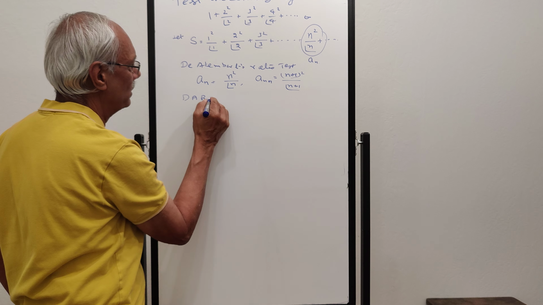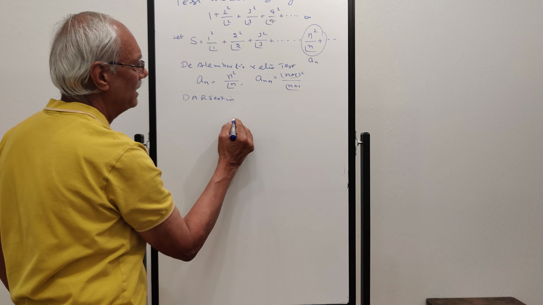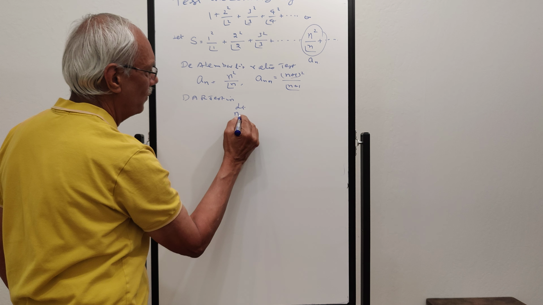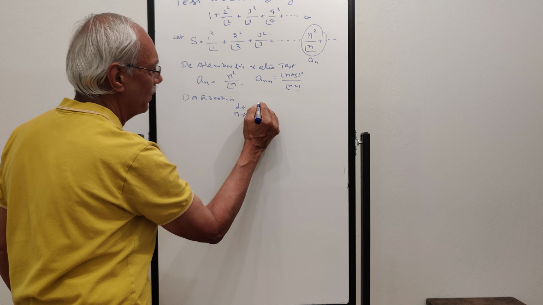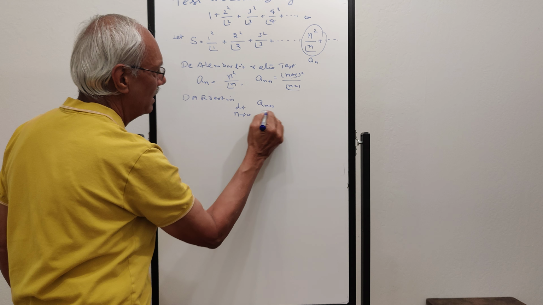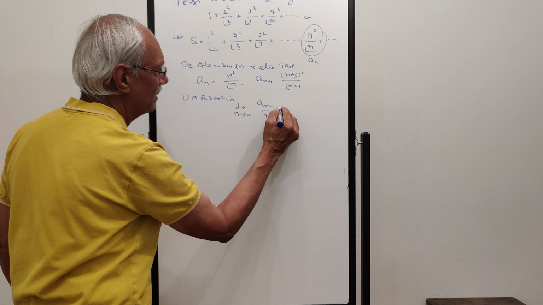D'Alembert's ratio test is the limit of n tending to infinity of an plus 1 divided by an.